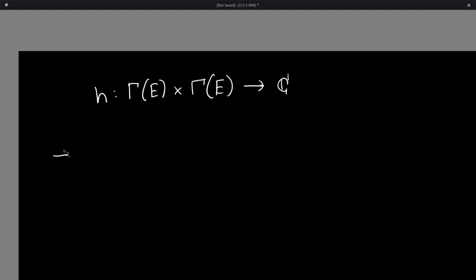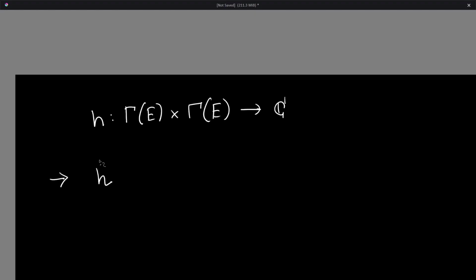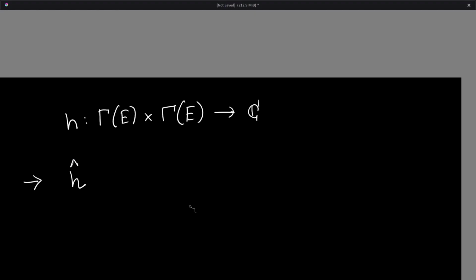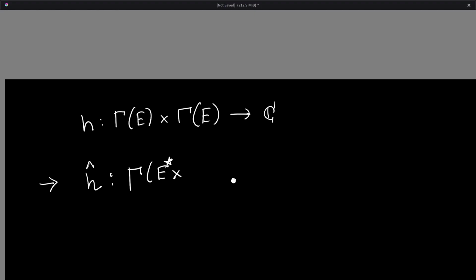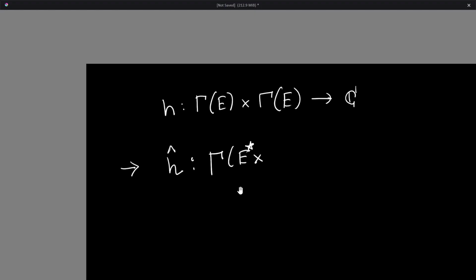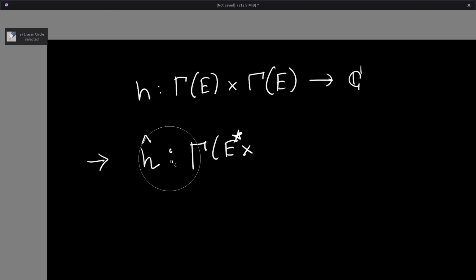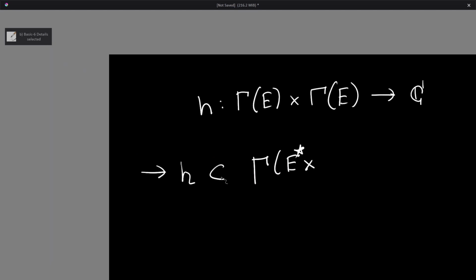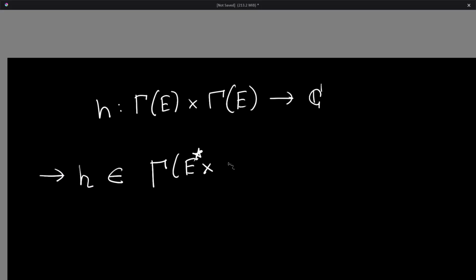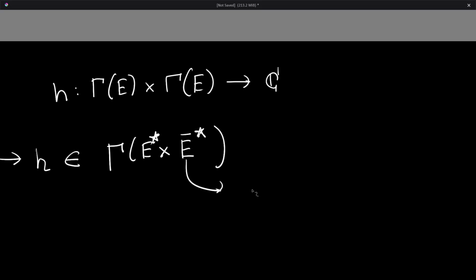We're going to define a new object, H hat, that goes from gamma of E star. Sorry, is that how I want to talk about it? I think we should say it like this: H hat is an element of gamma of E star times E bar star, where E bar is the dual bundle.